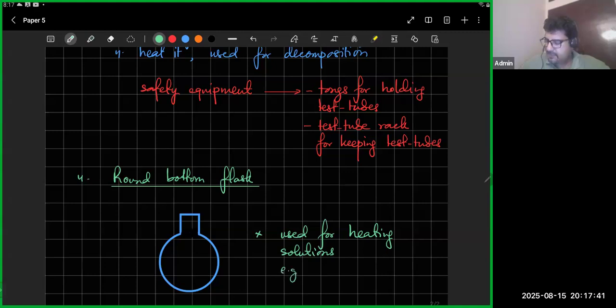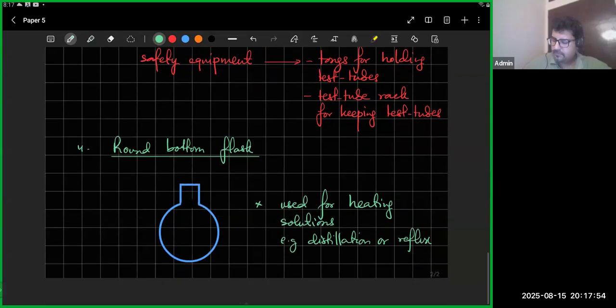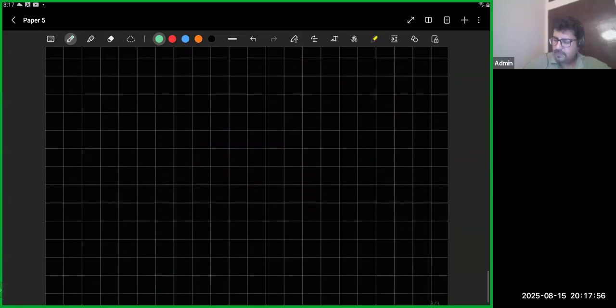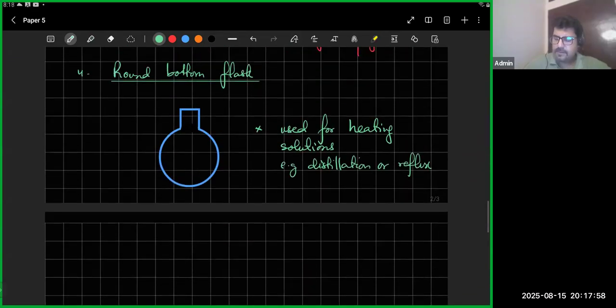Example ये कि distillation or reflux, you want to do that for reflux, ठीक है. And वैसे round bottom flask का कोई और काम नहीं है, it's just used for heating solutions. What else? What's next? Containers ही चल रहे हैं.